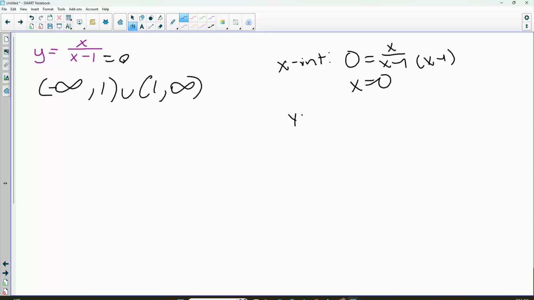And y-intercept, it's the same thing, but you set x equals 0, so you get... I did this wrong. No, you're doing good. Because it'd be 0 over negative 1, so it's still 0. Okay, yeah. Oh, but I have mine.